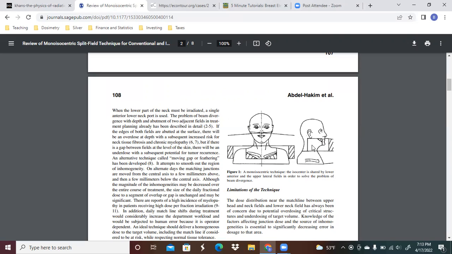Now, you may ask yourself, can you do this to 60 gray? If you're exposing the cord, the answer is no. And one way you try to get around that is running this to, say, 3960, and then cutting out the area here that has a cord and hitting this posterior strip, what they would call a posterior strip, with electrons, because the electrons don't penetrate in towards the cord as much as the photons do.